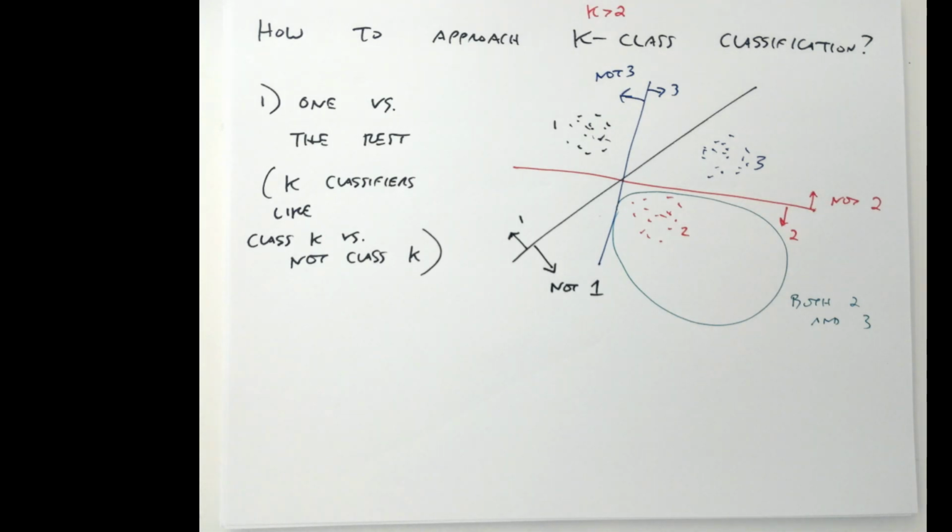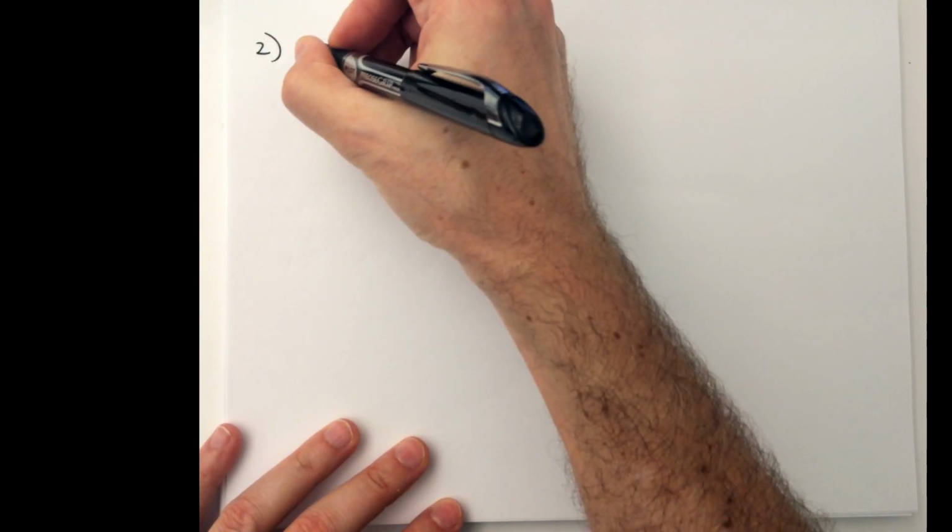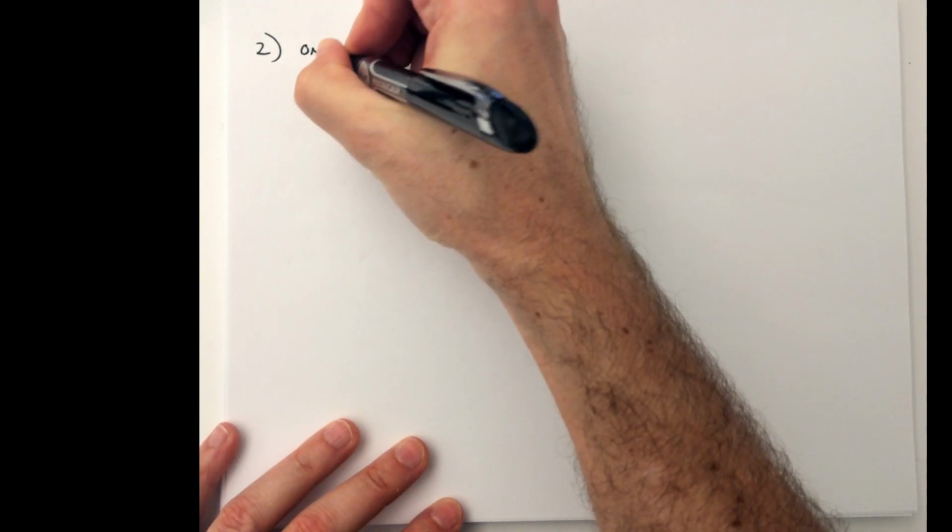Another way I can do it is to look at every possible set of class-to-class decision boundaries, right? So I could have another way of doing this, which is 1 versus 1.